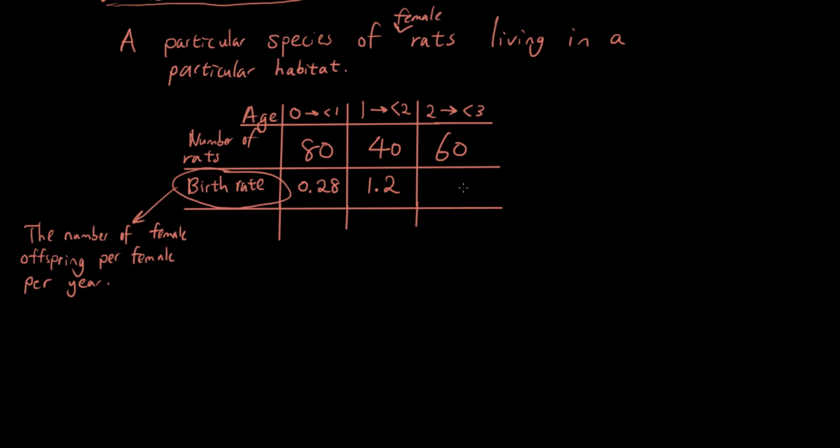And then for the age group between 2 to 3 years old, let's say the birth rate is 0.5. So on average, each rat gives birth to 0.5 rats.